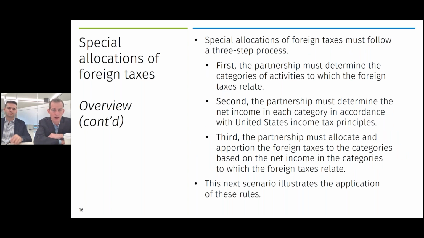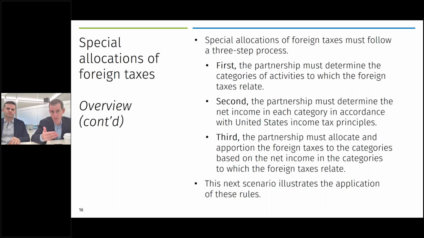Good. So what's the essence of these reg requirements? There are really two overall requirements, and the second one has three components that are listed on the slide. The first one is that the partnership allocations that relate to the taxes are valid.